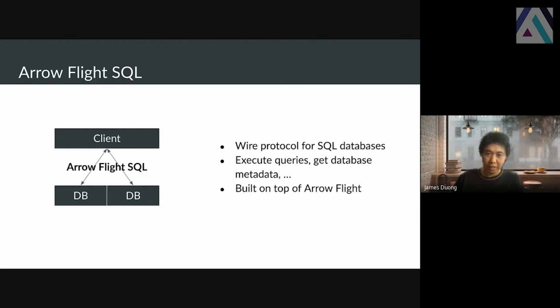So the data is already columnar, and it doesn't do any sort of transposing of the data to make it compatible to get it to a row-oriented format. What Flight SQL does is add extensions to Flight to standardize how certain operations are done, like how do you execute queries, how do you get database metadata, and how do you request information about database capabilities.